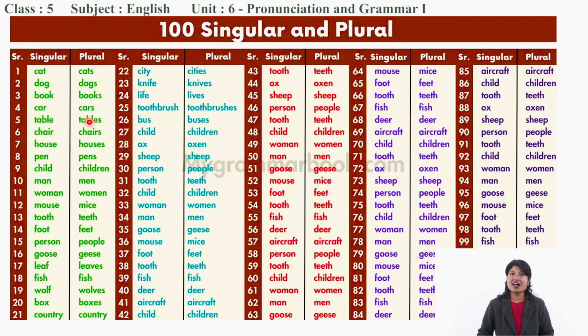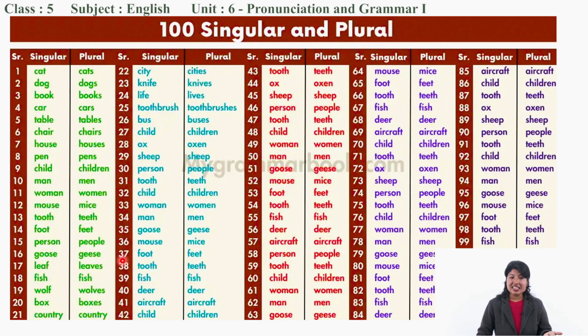Car, cars. Table, tables. Chair, chairs. House, houses. Pen, pens. Child, children. Man, men. Woman, women. Mouse, mice. Tooth, teeth. Foot, feet. Person, people.